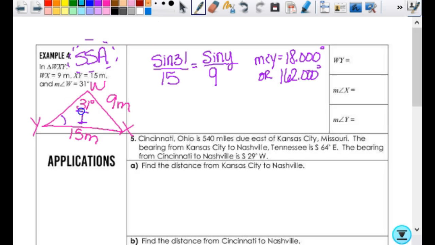So if I take 31 and add it to 18, that's less than 180, so I'm good, right? If I take 31 and add it to 162, that's more than 180. That one does not work. Okay, that's how you decide that. I don't have any room left for my third angle. So the measure of angle y then is 18.000 degrees.